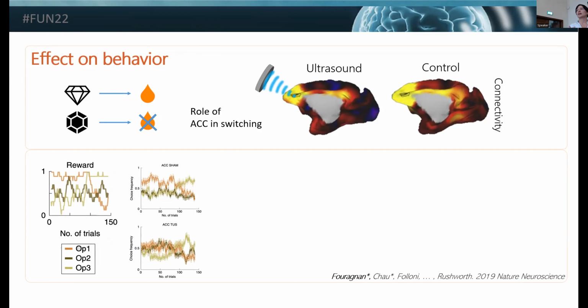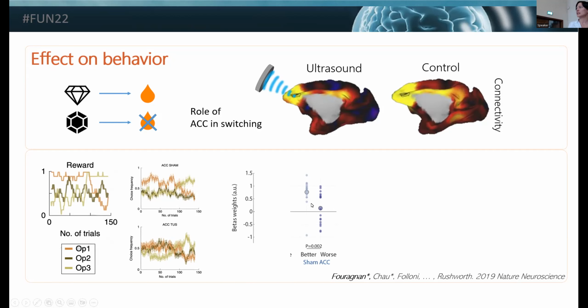In fact, they were still good at doing the task. Their global reward rate was still quite good. But if you started looking at some idiosyncrasy in their behavior, that's where you could see the maximum difference. What we were interested in was switching behavior. So we looked at their ability to switch to a better or to avoid a worse alternative on a future trial, when they don't have those better alternatives on the screen.